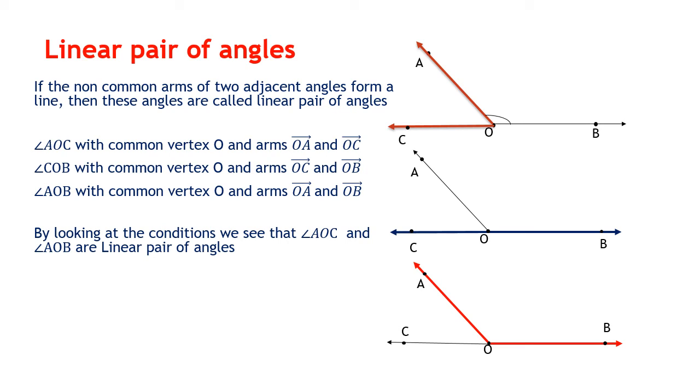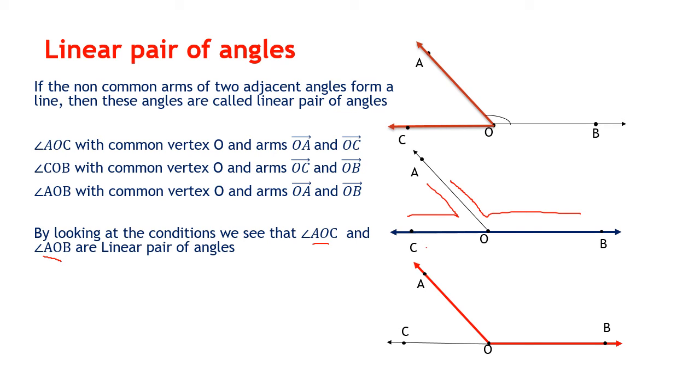So we have angle AOC and angle AOB. So remember, angle AOC and angle AOB are adjacent angles, but these are special adjacent angles. Why?